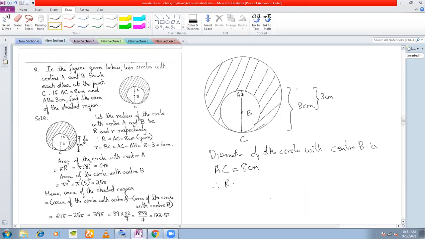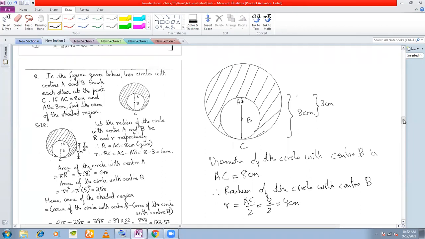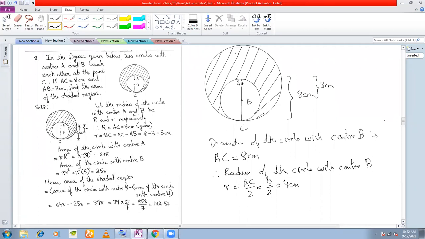Therefore, what is the radius of the circle with center B? Let us call it small r, equal to half of AC, 8 by 2, 4 centimeters. This is the radius of the smaller circle. Can you tell me the radius of the larger circle? 8 centimeters is the radius of the larger circle.